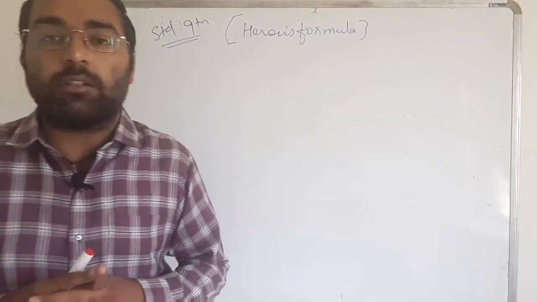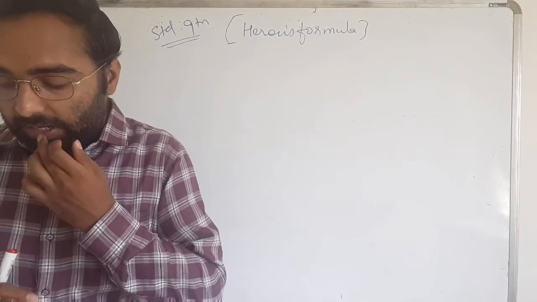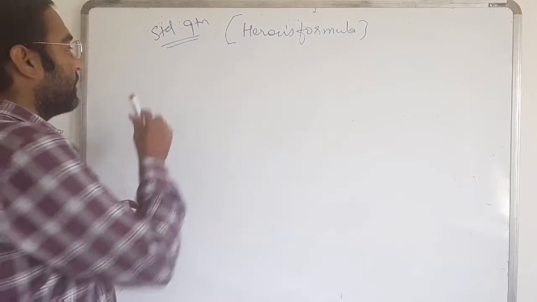The second question given in your textbook: the perimeter of the triangular field is 540 meter.